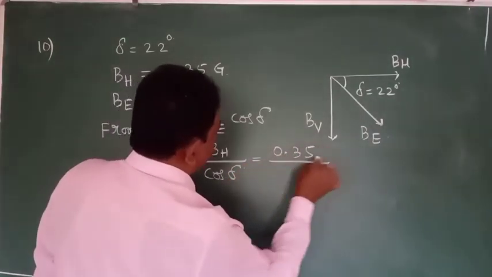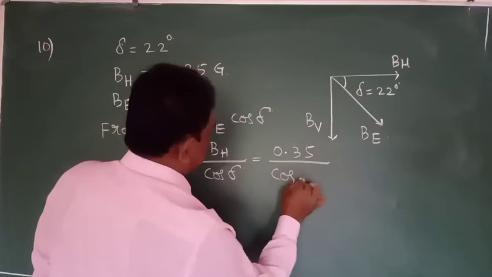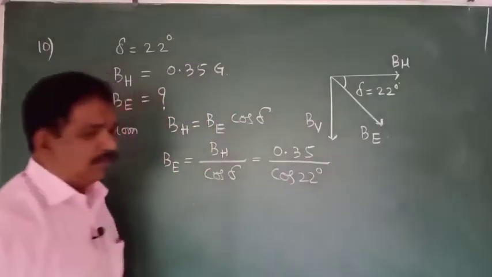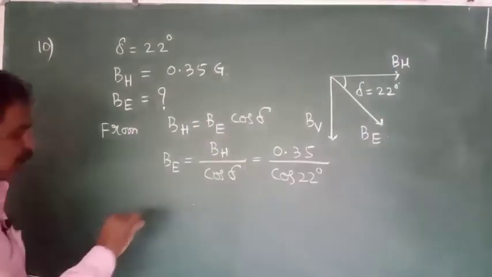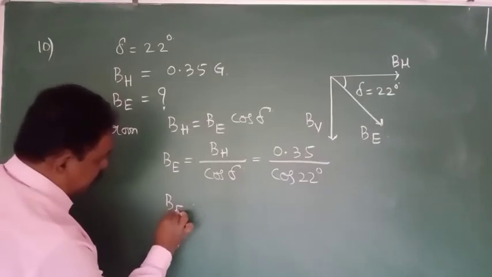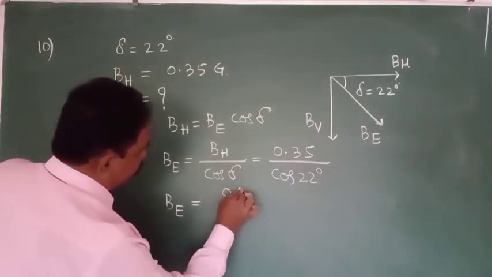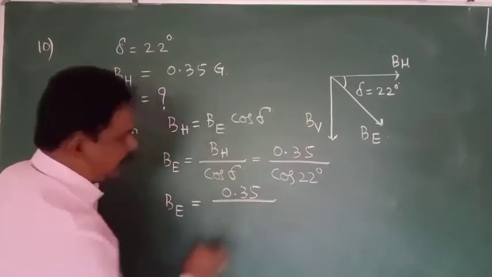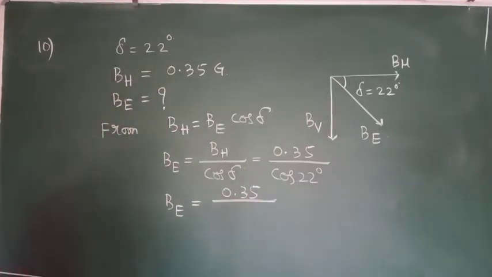BH value 0.35, cos 22 degrees. So BE is equal to 0.35 by cos 22.